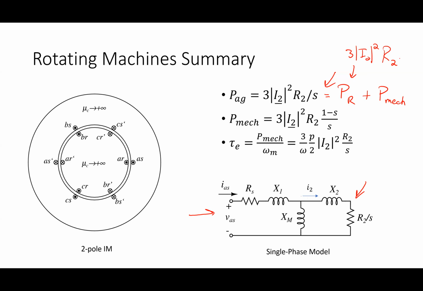This guy has a couple of places where heat's lost, right? One of them is the winding resistance on the primary, on the stator. And the other one is windings inside the rotor. Now in problem 2 on the homework, I also give you mechanical losses, right? So there is another source of losses.